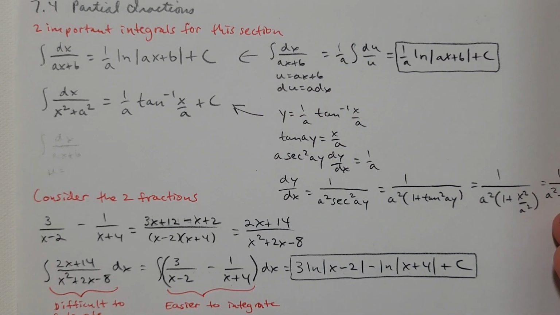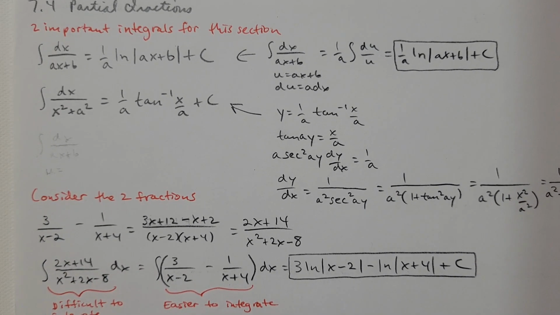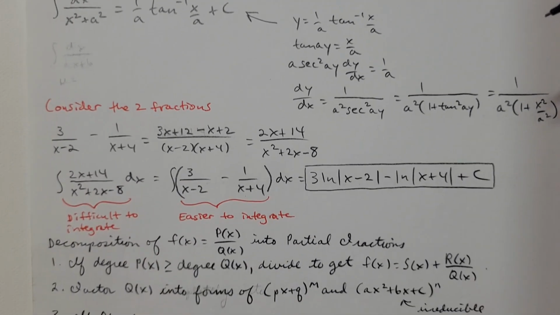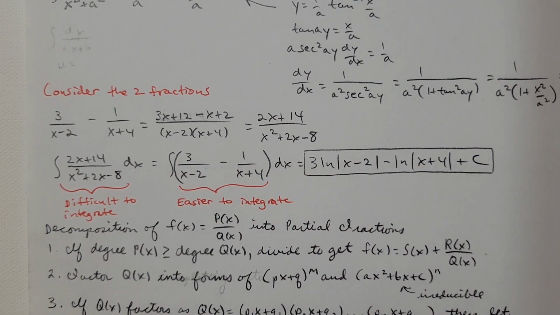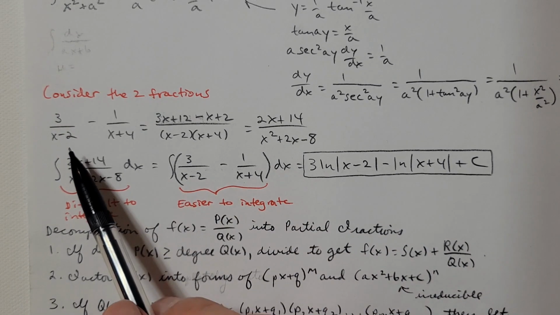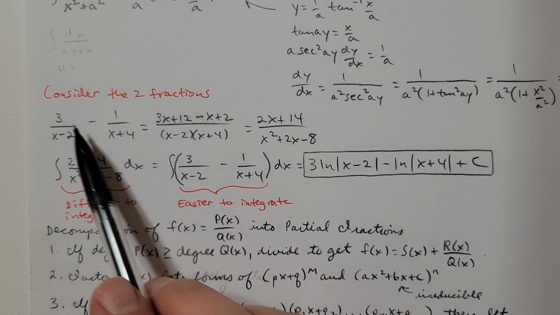Okay. Now, when we talk about partial fractions, the idea is to split an integral that's fairly difficult to integrate into something that's easier to integrate. Okay. So suppose I had 3 divided by x minus 2 minus 1 divided by x plus 4. Okay, well, if I get a common denominator of x minus 2 times x plus 4, I'm going to cross multiply here.